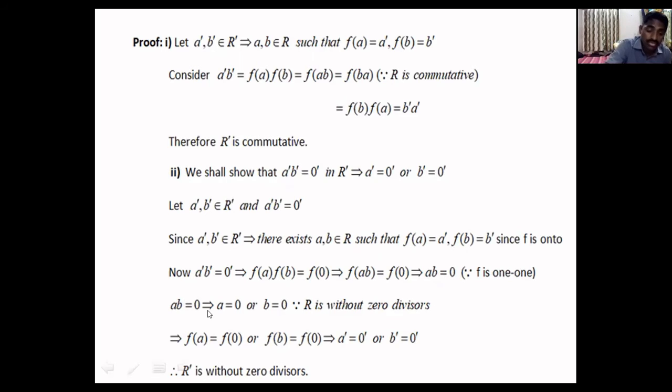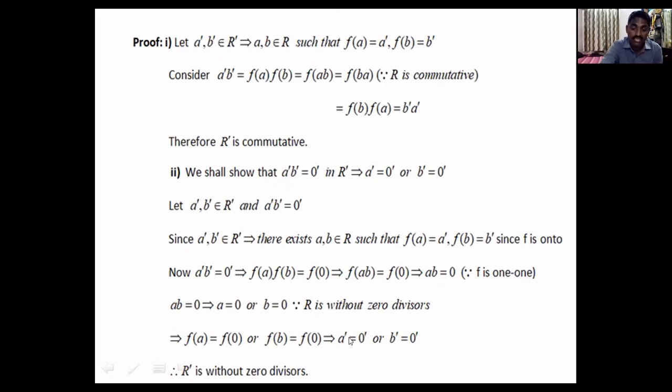AB is equal to 0 implies either A is equal to 0 or B is equal to 0, since R is without zero divisors. Therefore, f of A is equal to f of 0 or f of B is equal to f of 0. Here f of A into f of B is equal to f of 0 implies either f of A is equal to f of 0 or f of B is equal to f of 0.